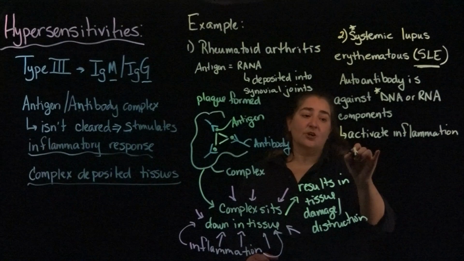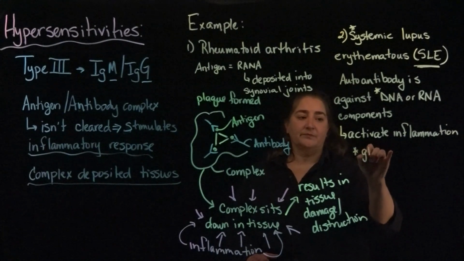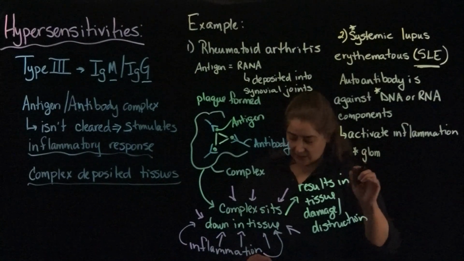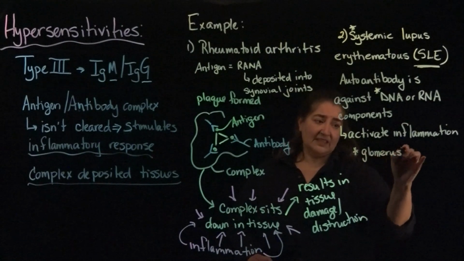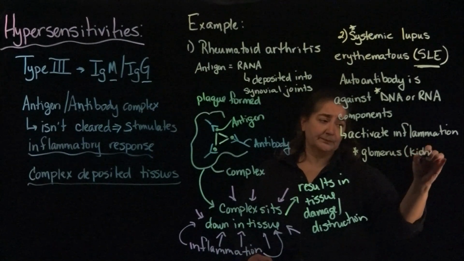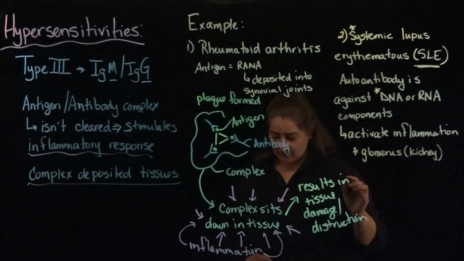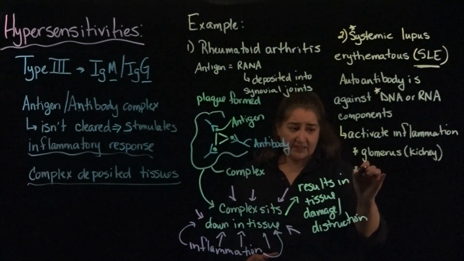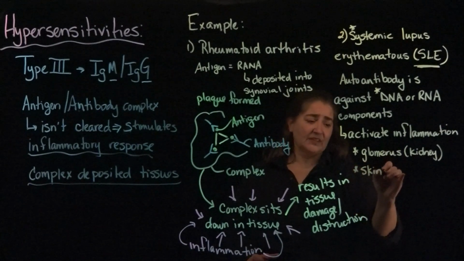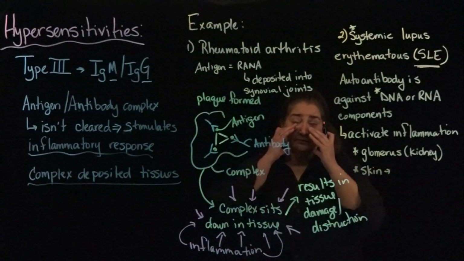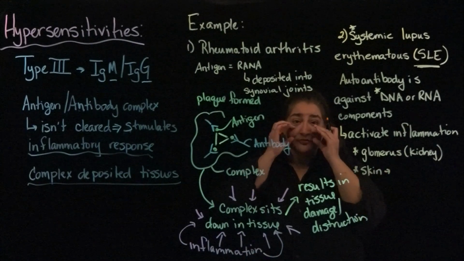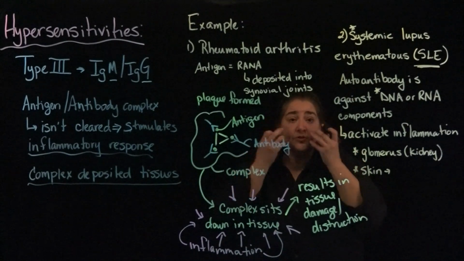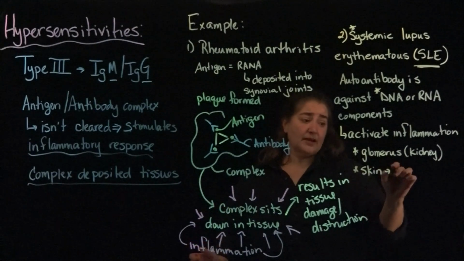Common areas that are targeted: the glomerulus in the kidney, the skin is another one. There's a very pronounced, what's known as a butterfly rash on the face that can occur. The rash appears to be in the shape of a butterfly.